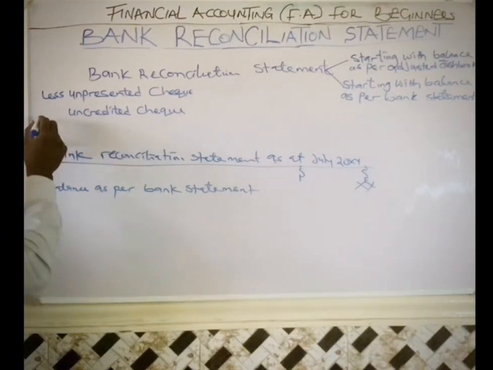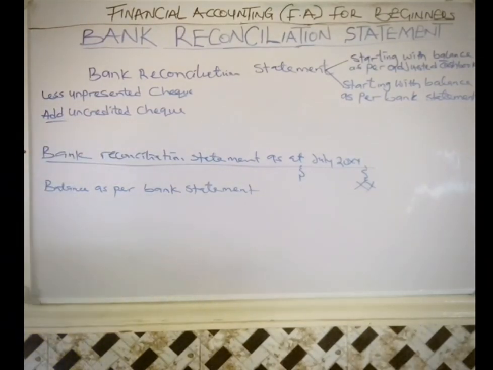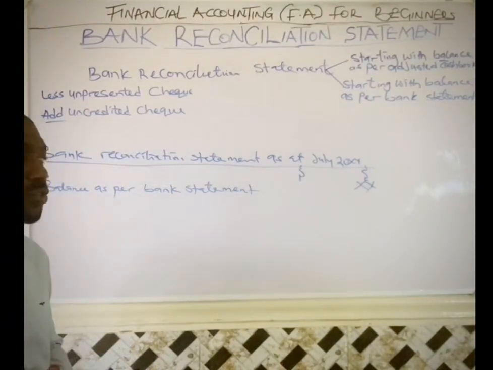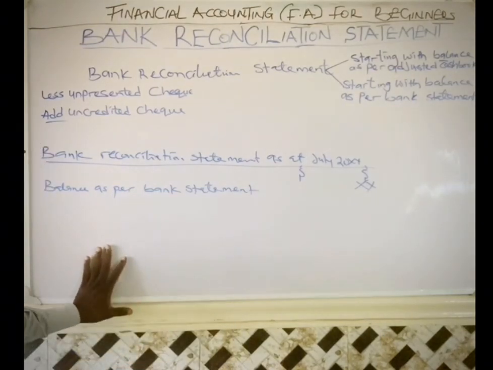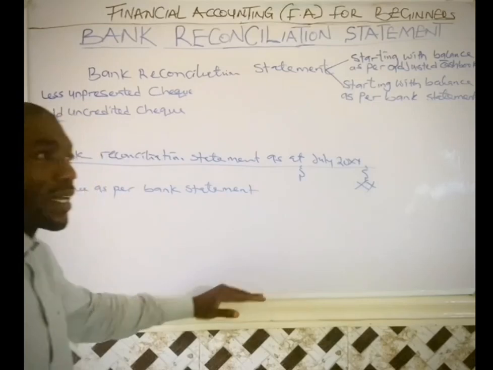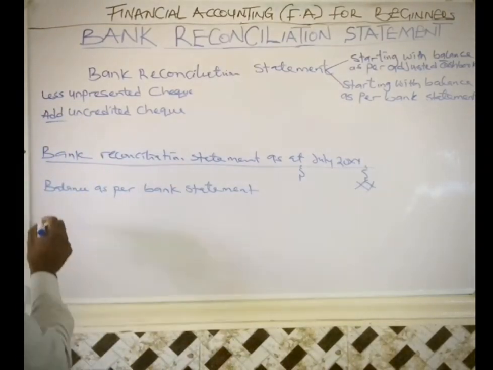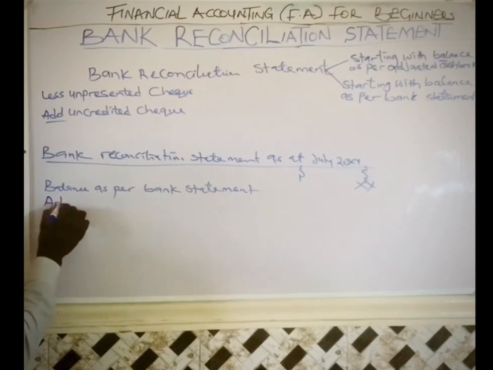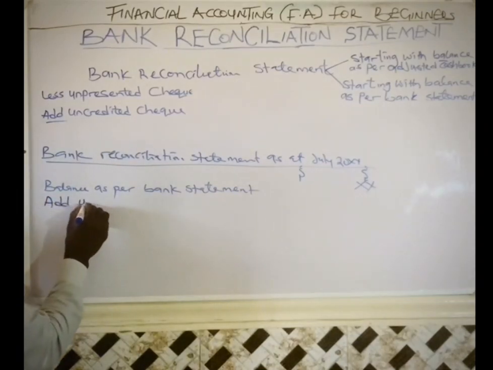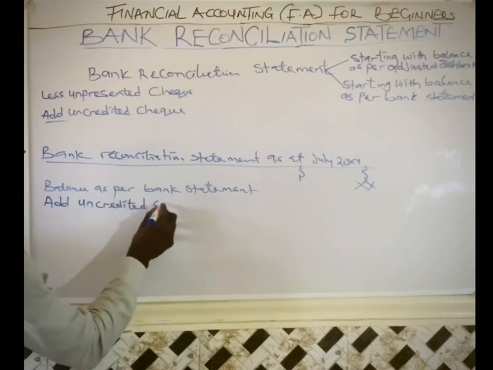So you will add the uncredited check. In doing this, our balance will agree with the adjusted cash book balance. Simple as that. So you come here and say add uncredited check.